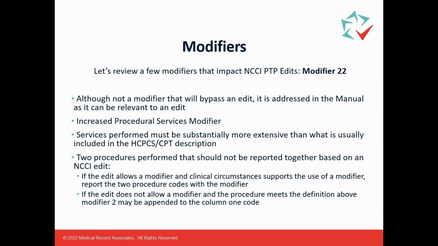So if your clinical circumstances support it and the NCCI edit allows the use of a modifier, you should report the 2 procedures. If they're not allowed, then you think about how substantially more extensive was this procedure, and does it allow me to use modifier 22?